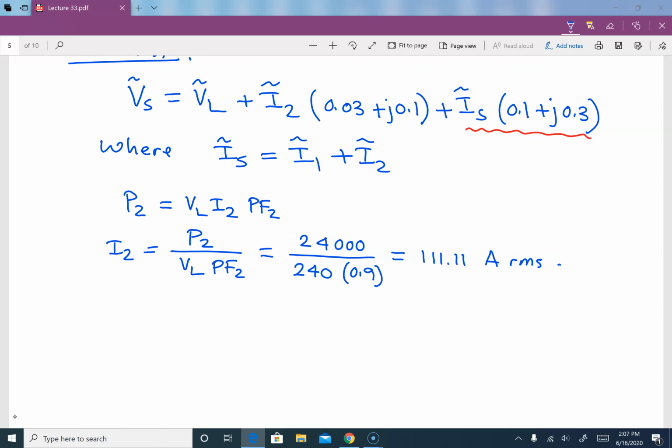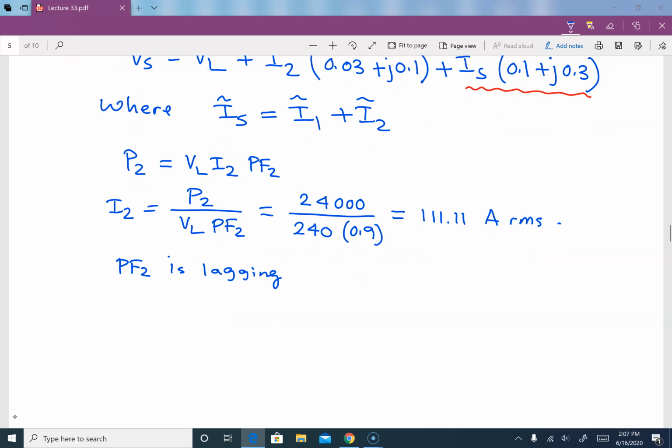Now PF2 is lagging, so PF2 is equal to 0.9 lagging. So cosine theta is equal to 0.9.